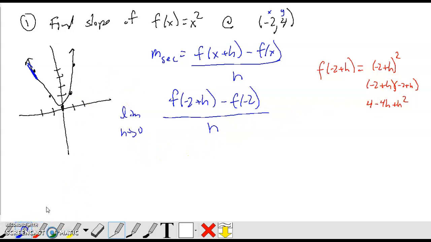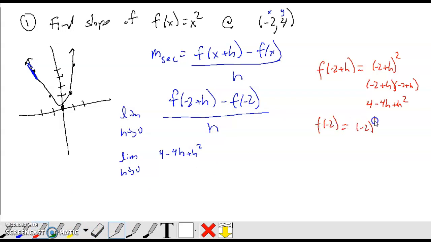Wonderful. So come back over here. So I'm going to say the limit as h approaches 0 of 4 minus 4h, and then plus h squared, and then minus, so let's do again f of negative 2.